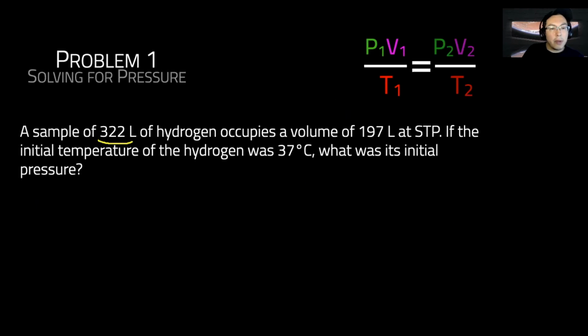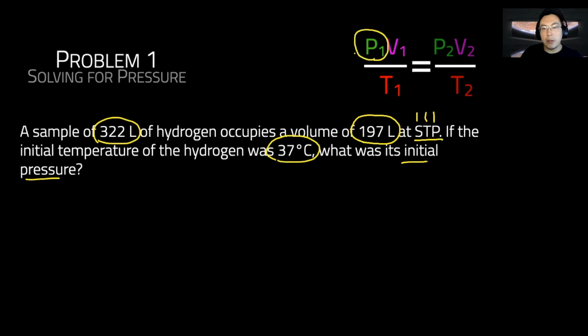A sample of 322 liters of hydrogen occupies a volume of 197 liters at STP, that's standard temperature and pressure. If the initial temperature was 37 degrees Celsius, what's the initial pressure? So our initial pressure is going to be our question. And somehow in the rest of the problem, we should have information for everything else.